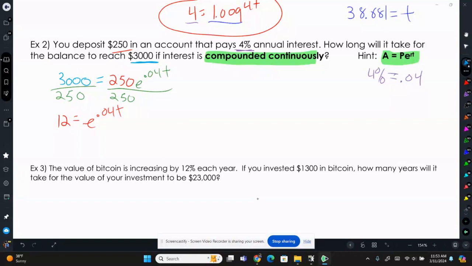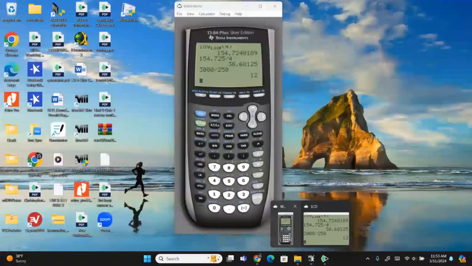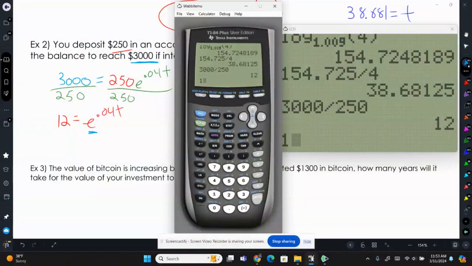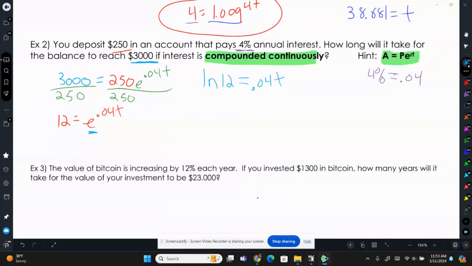So it's going to be log base e, but instead of writing log base e, it's going to be the ln of 12 equals 0.04 t. And then in our calculators, we're going to type in the ln of 12, and we get 2.485.